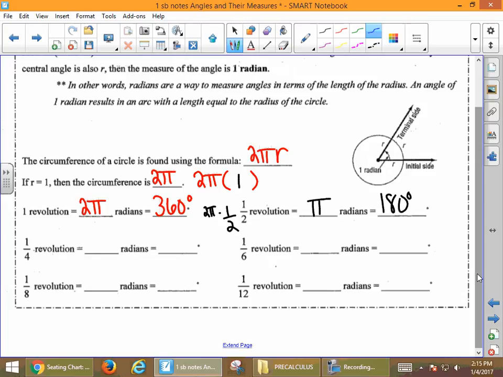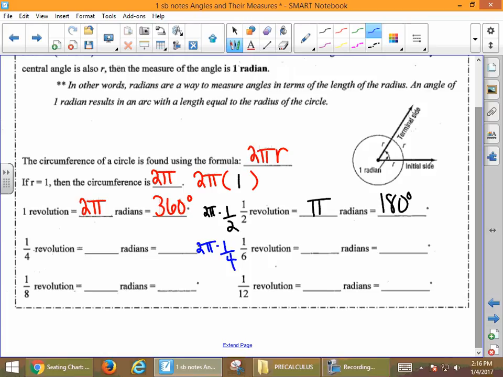Well, now, let's take 1/4 of a revolution. If you like the math here, that means that we're going to take 2 pi, that's a full revolution, and we're going to multiply it by 1/4.